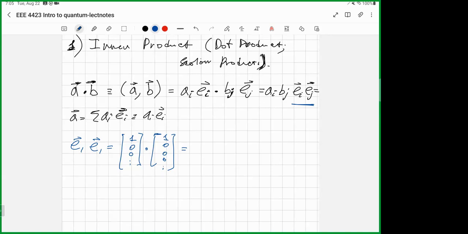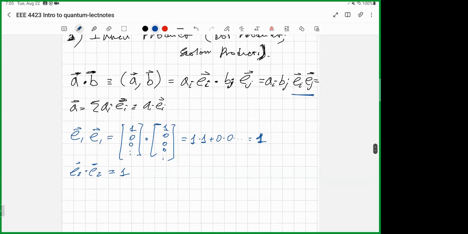First component by first component, second by second, and then plus. So it will be 1 times 1 plus 0 times 0, etc. So it will be 1. So we notice that e_1 times e_1 gives us 1. And the same for e_2 times e_2 and e_3 times e_3, we will get 1 all the time.